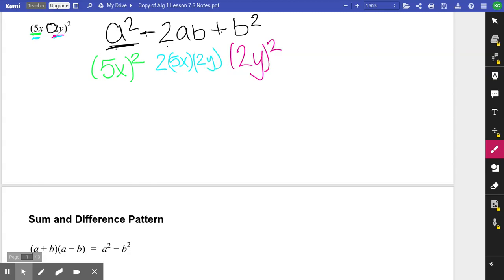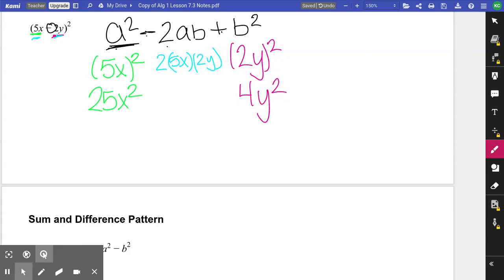Okay, so now if I multiply all of these out, I'm going to get 25x squared, 4y squared. And then I'm going to have 2 times 5, which is 10. 10 times 2, which is 20. So 20. And then my variables, x, y.